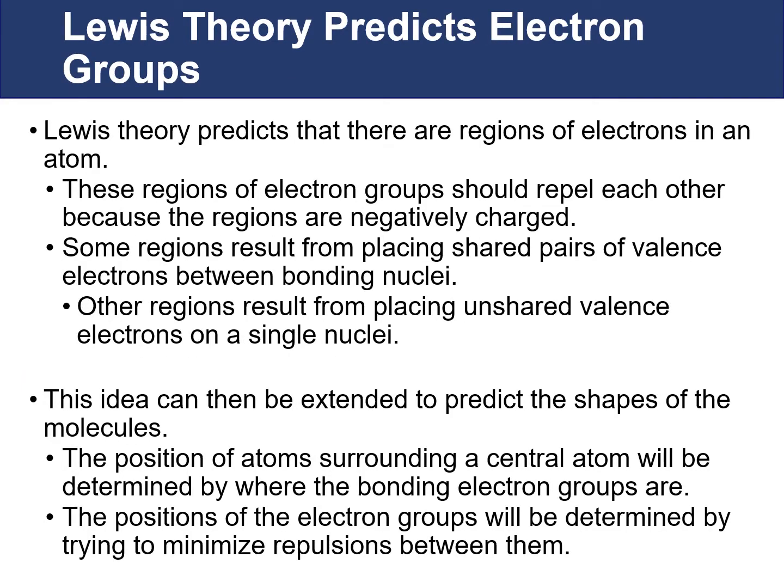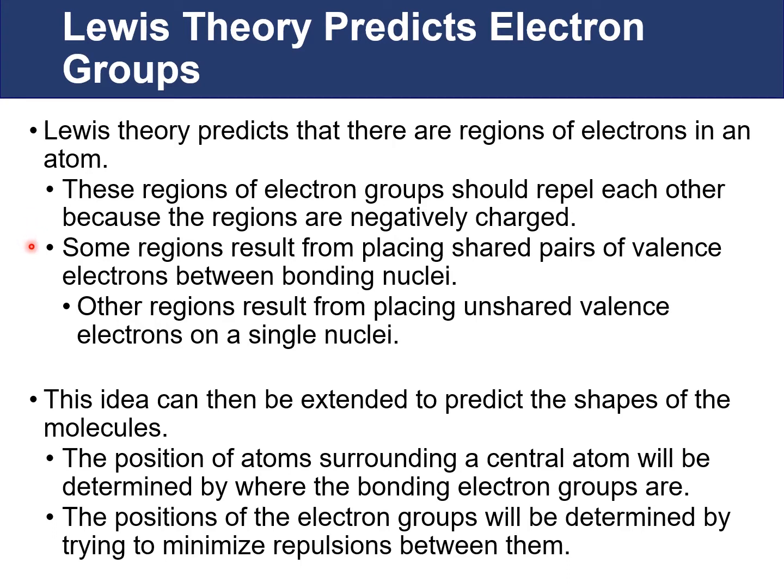The Lewis theory, which is the basis for the Lewis structures that we've been drawing, predicts that there are going to be regions of electrons in an atom. These regions of electrons should repel each other because the regions will have a negative charge. That negative charge comes from the fact that electrons themselves have negative charge.